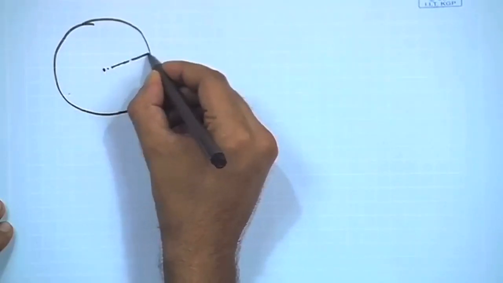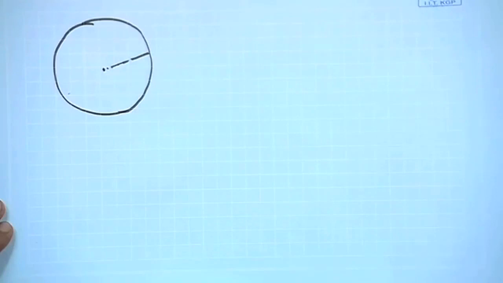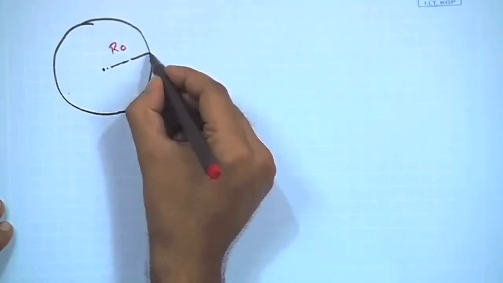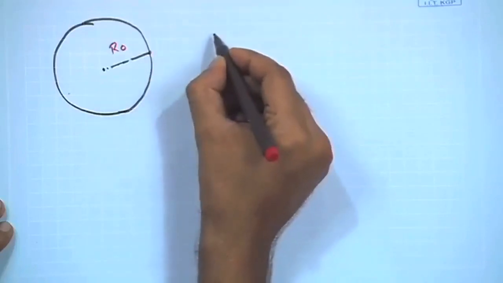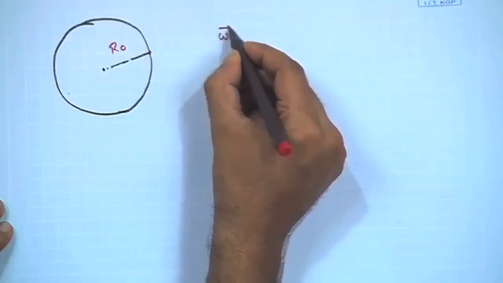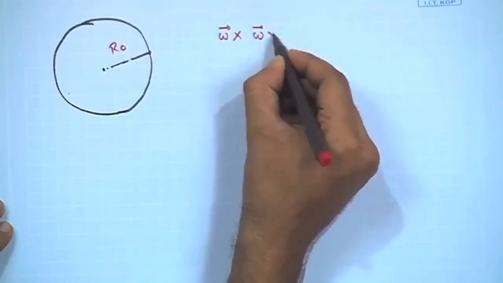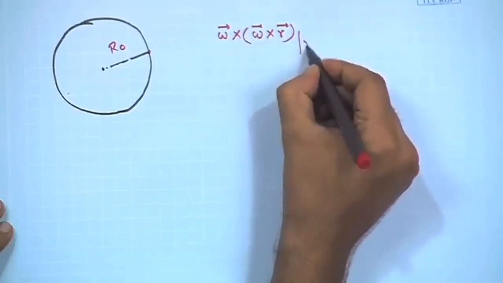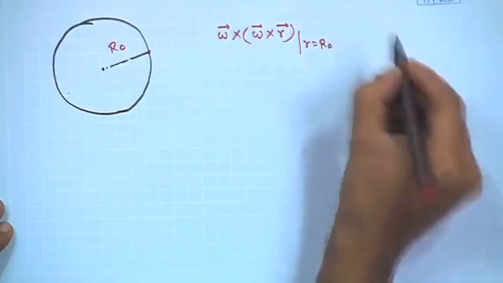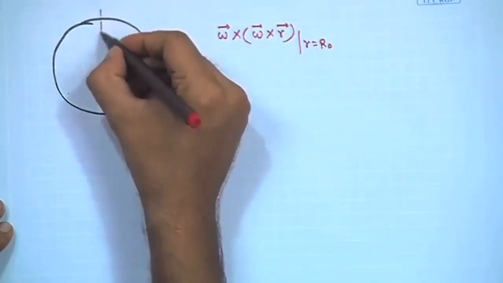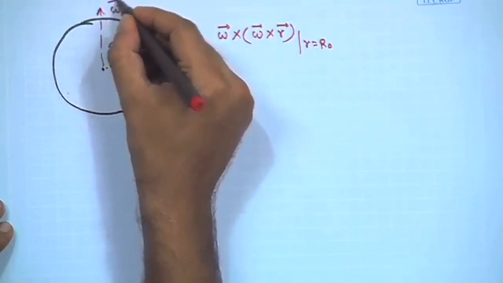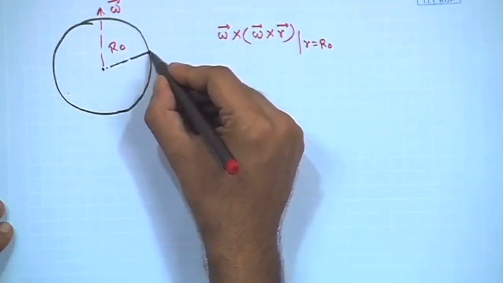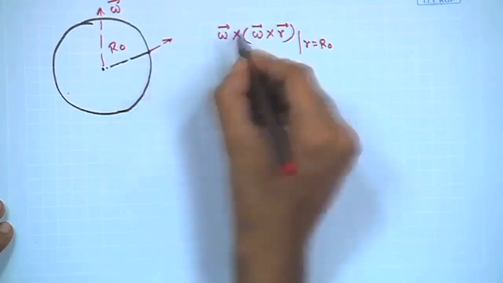Any point on earth which is at the radius of earth r0, at any point the centrifugal acceleration is given by omega cross r. At any point r equal to r0, you can carefully consider the components of omega, and r is a radial vector. So the direction of r at this particular point is this.